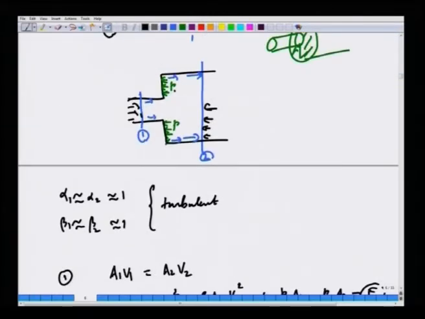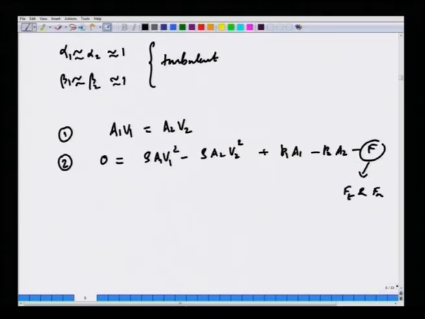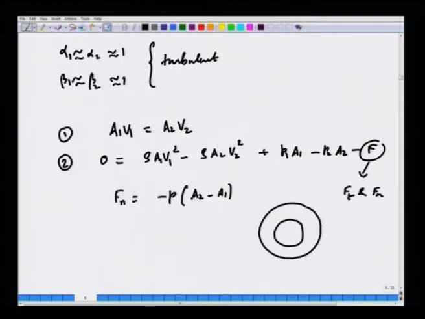As I just told you, this is the normal component due to pressure, and these are the tangential components in the direction of flow. We are going to say that the normal component is simply the pressure times A2 minus A1, because this is the annular area over which the pressure is acting, and the negative sign is because the force is acting in the direction opposite to the flow direction. So, you have to put a negative sign.